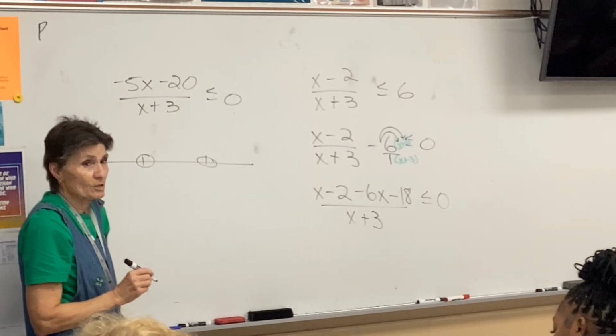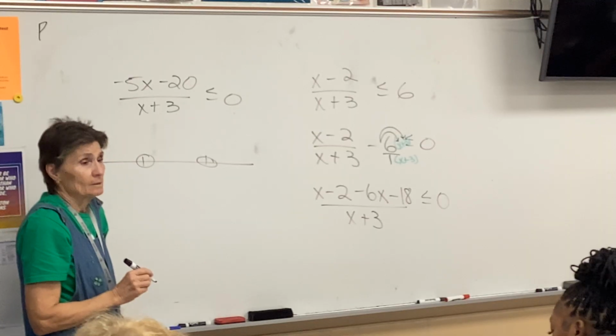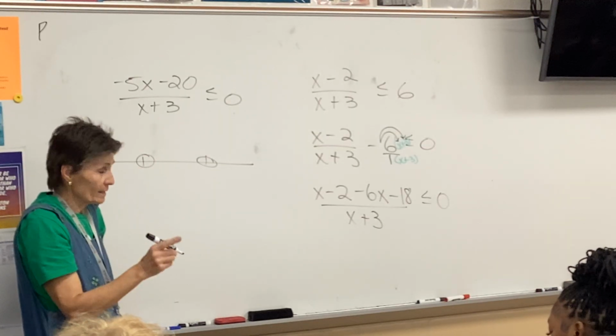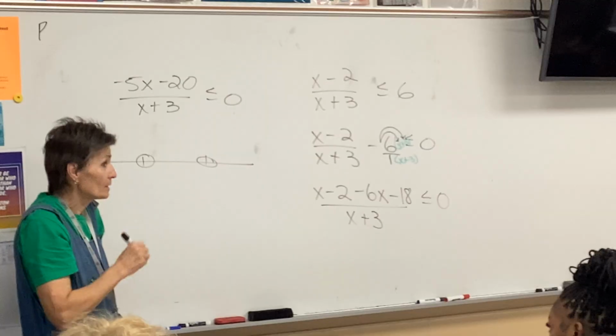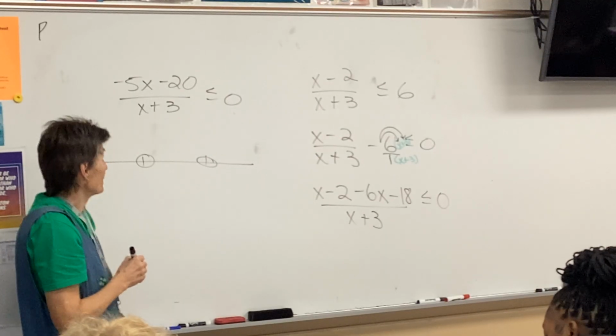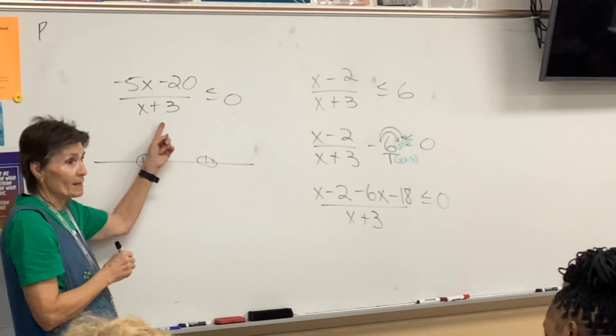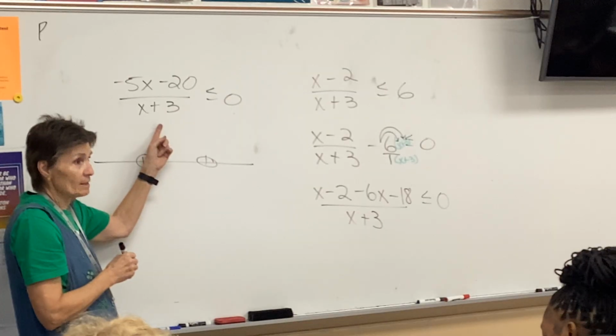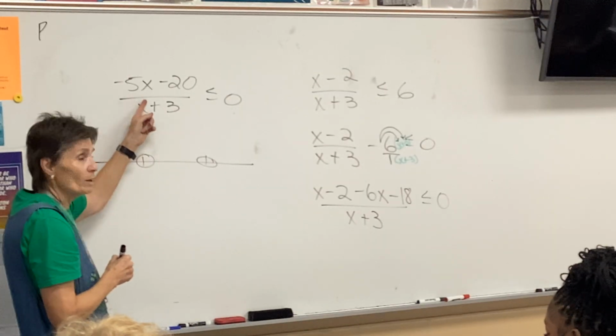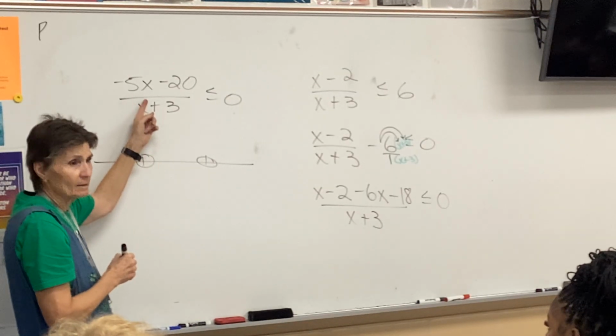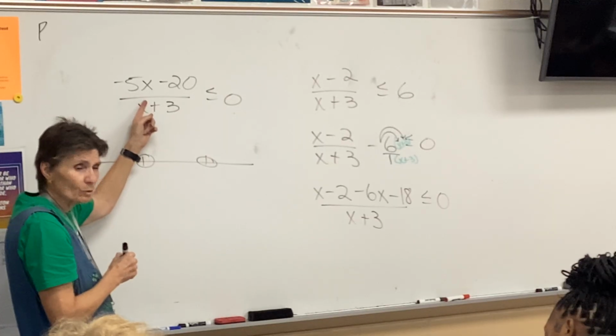I'm ready to put dots on the number line now. 1x on top, 1x on the bottom, 2 dots on the number line. I know the bottom dot is going to be at negative 3. The top one is confusing to me. So do you remember how I told you to handle that?